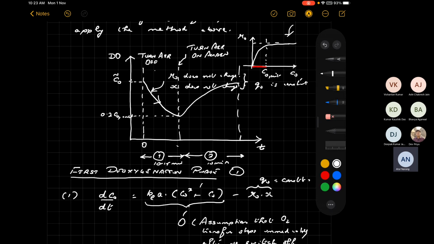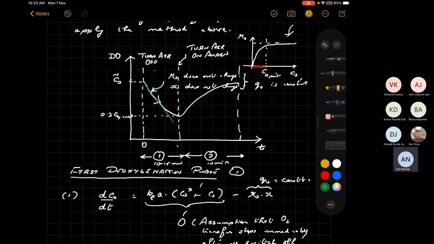So this decline, let me show it in green color. This decline ought to be linear according to the model, simply because your cell density is constant, right? The cell concentration does not change. The rate at which each cell is consuming the oxygen does not change. That means the volumetric rate of oxygen consumption is constant. RO times X is constant.